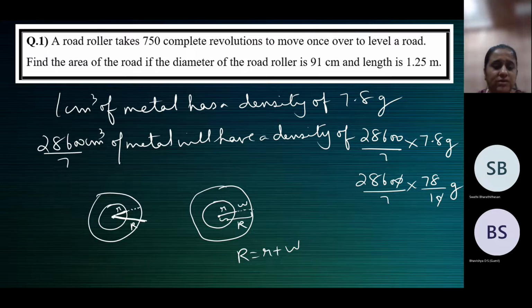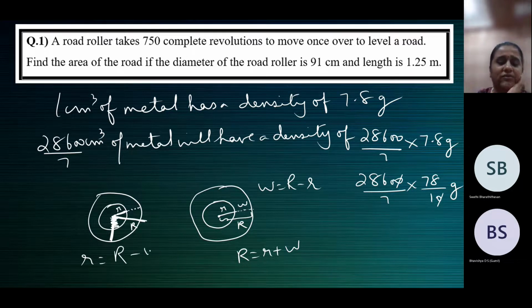From here to here, this one is the outer radius. From the outer radius, if you take away the inner radius, you will get the width. Outer radius minus inner radius is the width. And if you want to get the inner radius, it's the outer radius minus the width.